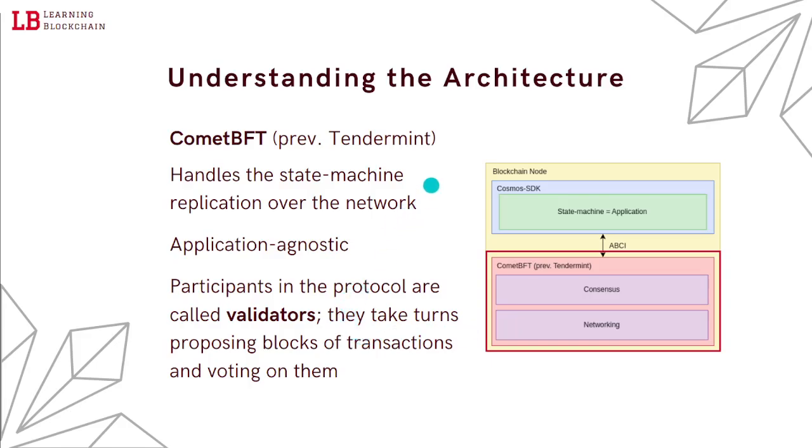There are participants in the protocol called validators, and these are the ones that take turns proposing blocks of transactions and voting on them. The consensus algorithm used in Comet BFT is a proof-of-stake algorithm.